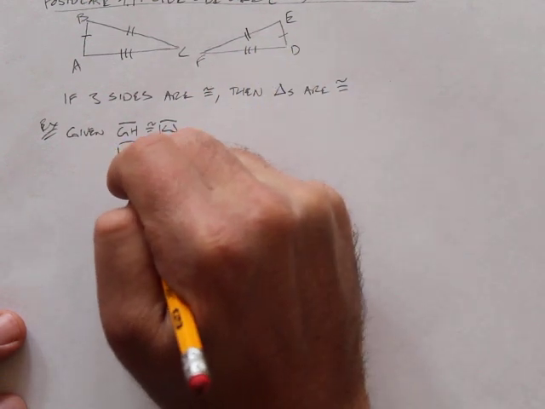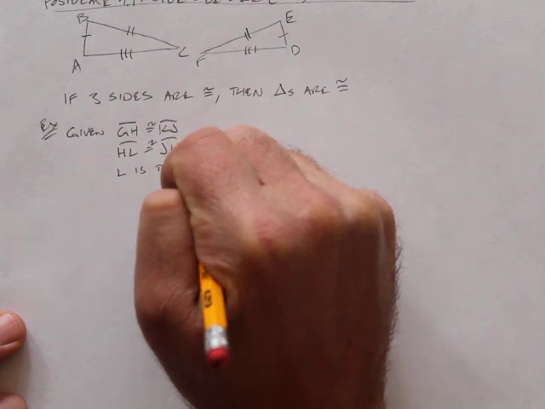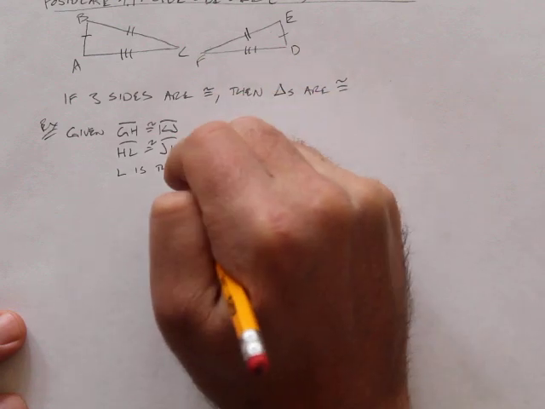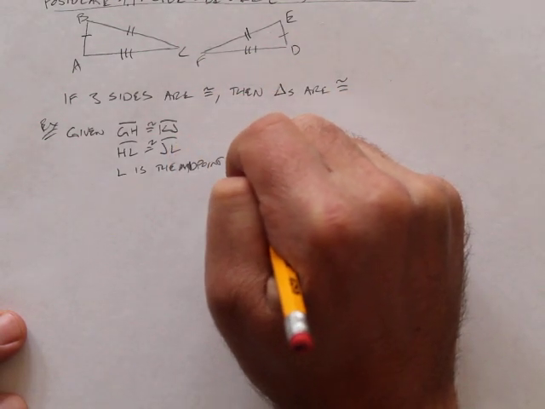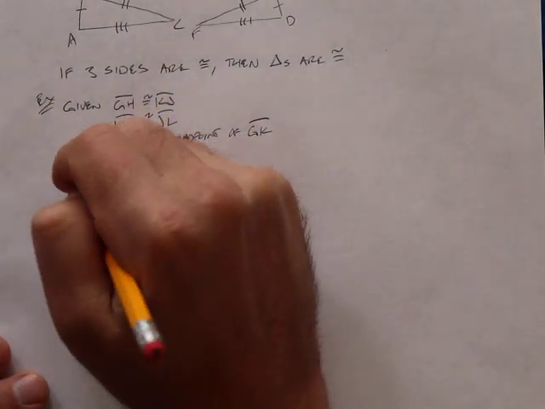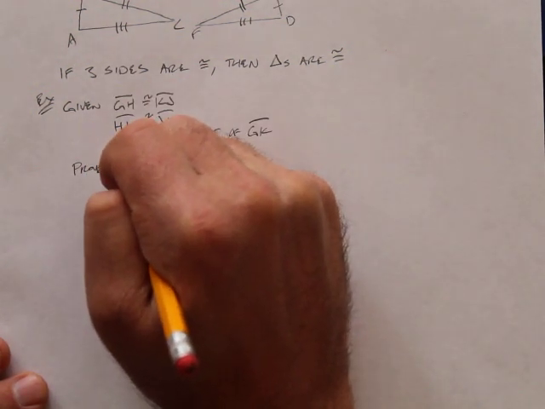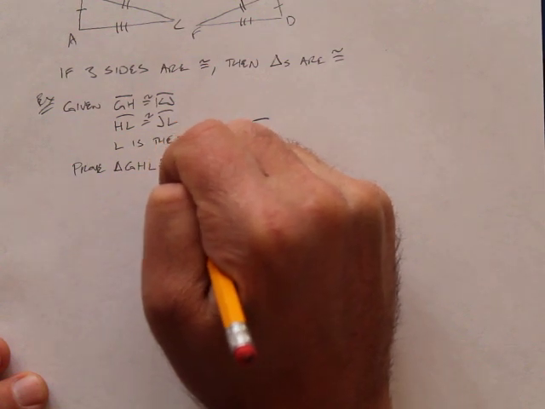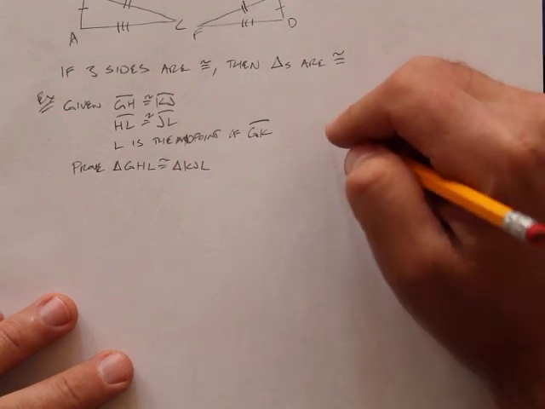And L is the midpoint of segment GK. And then we want to prove triangle GHL is congruent to triangle KJL. So let's draw the triangles.